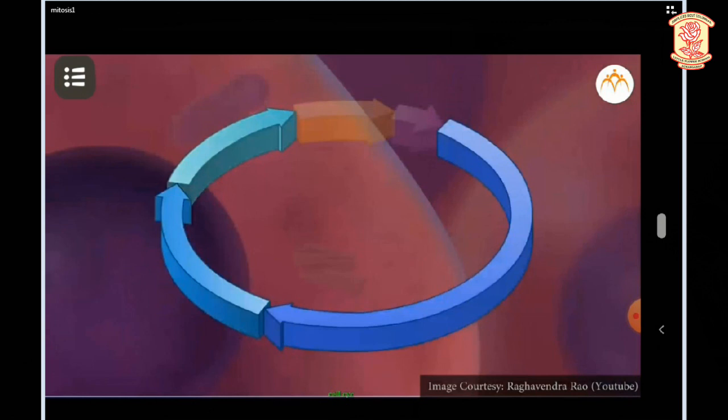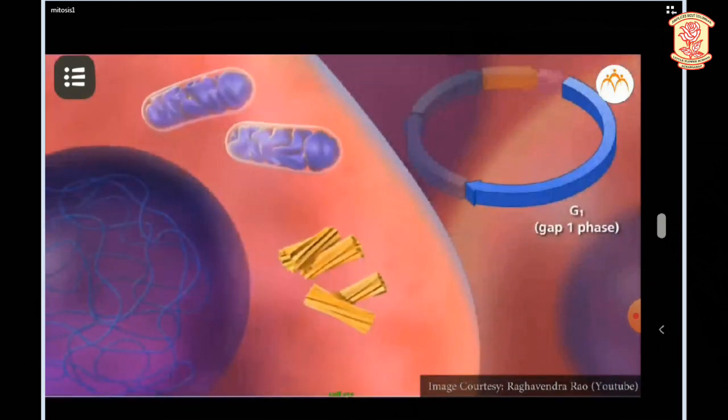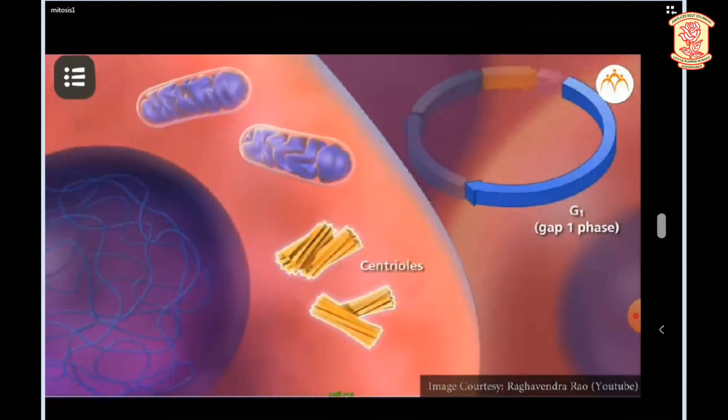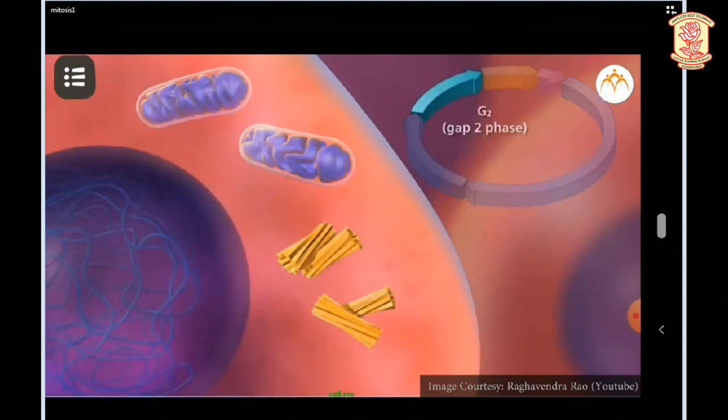Mitosis is a cycle which enters a phase called interphase. In this phase, as you can see, the cell is growing and producing proteins and other cell organelles.